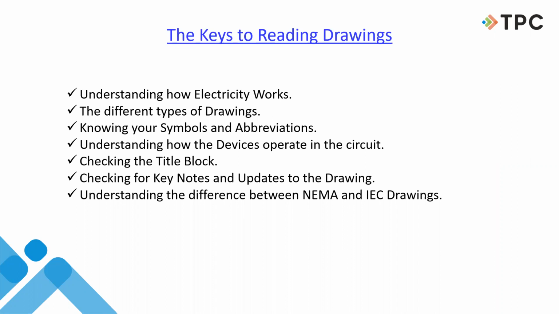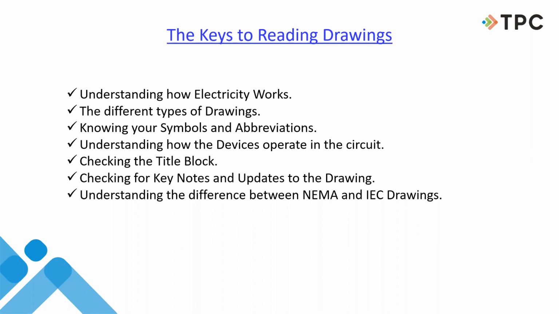And understanding the difference between NEMA and IEC drawings. As we walk through them today, you're going to see that the symbols are different, but somewhat similar to each other. They operate pretty much in the same way, but have different termination numbers. And so everything's just a little bit different than we're used to seeing with North American drawings.